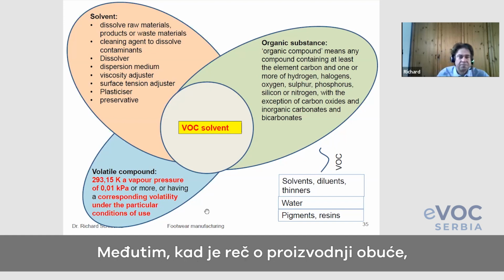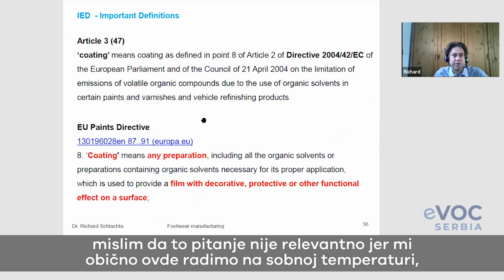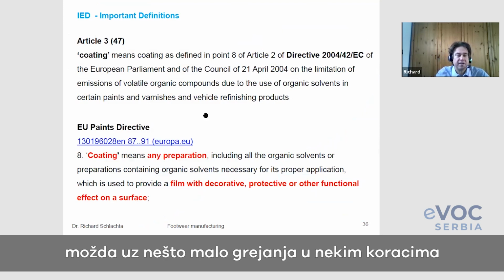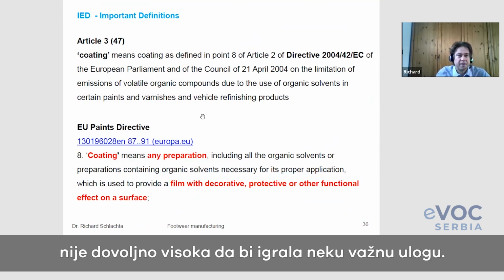But for the shoe manufacturing, I think that this issue is not relevant, because we normally have only working processes at room temperatures, and maybe in the heating we have some heating steps, but I think the temperatures are not so high that it really plays an important role.